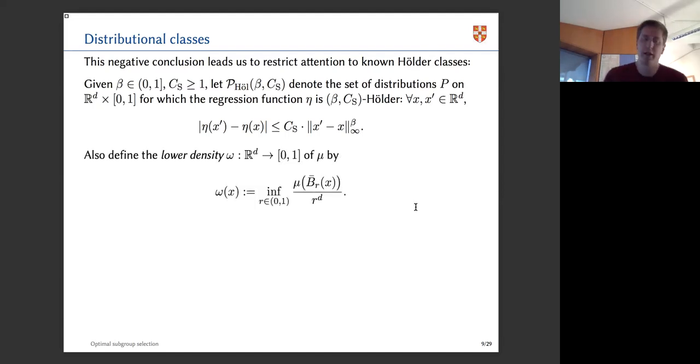Another convenient notion is that of a lower density. I'll write this as omega. I'm going to constrain this lower density, and that's going to amount to a constraint on the marginal distribution of the feature vectors.